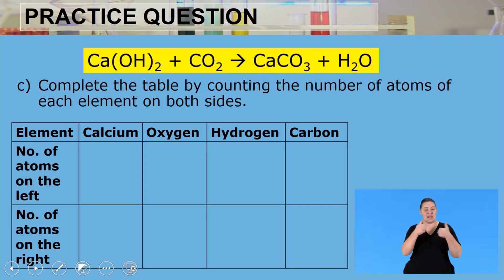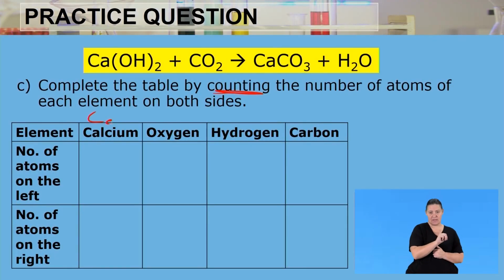Next question. It is a continuation from that because we are still given the very same chemical equation, and now we need to complete the table by counting the number of atoms of each element on both sides. So we need to check how many atoms of this particular element we have on the left-hand side and also on the right-hand side.